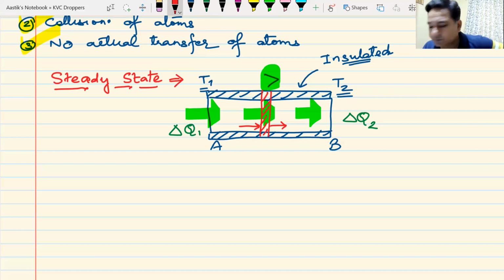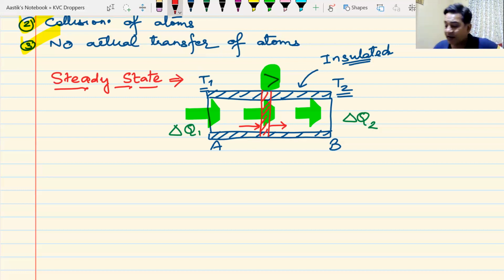This small section will be absorbing heat so that it also gets hotter. All these sections in between A and B will be absorbing some amount of heat, and therefore the heat leaving end A and the heat reaching end B will not be the same. There will be a difference because some amount of heat is absorbed.